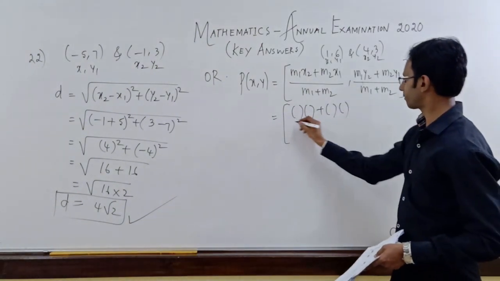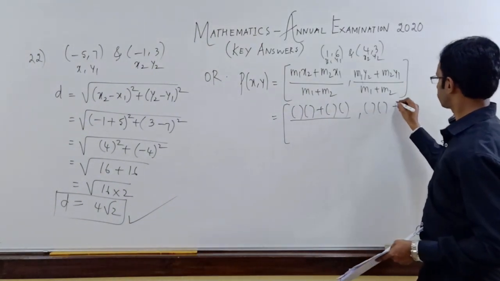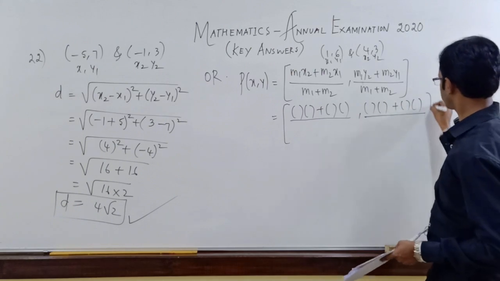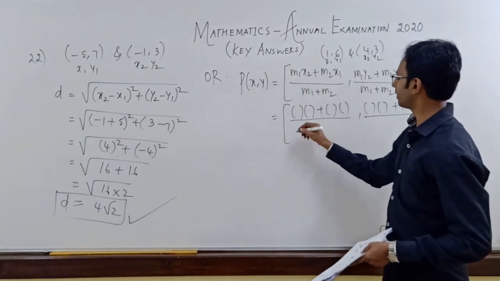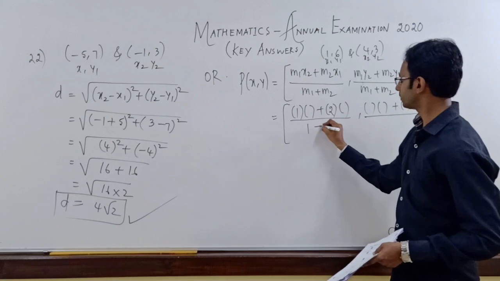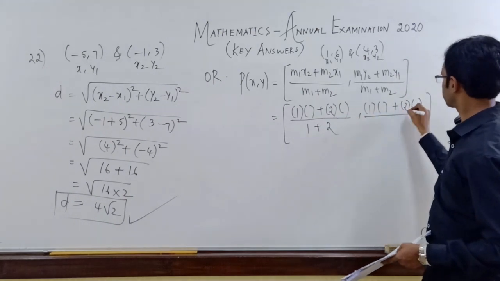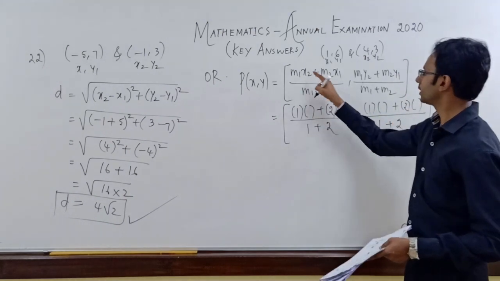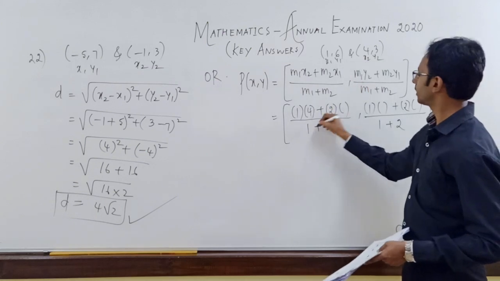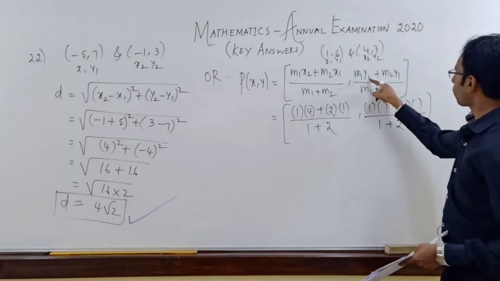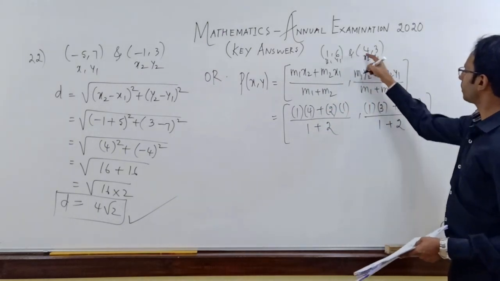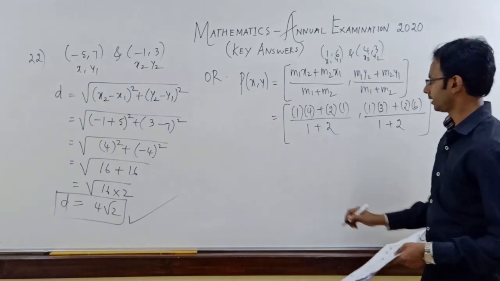The easiest way of simplifying is to put the brackets first. Wherever we find m1 m2, we replace that by 1 and 2, and then it's easy to substitute. x2 is 4, x1 is 1, y2 is 3 and y1 is 6.